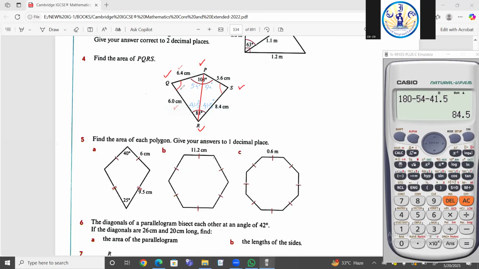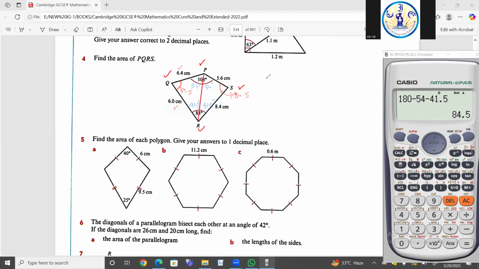This angle is 84.5. So this angle is also 84.5. Now we can calculate the areas of the two triangles separately, and then add them to get the final answer for the area of PQRS.